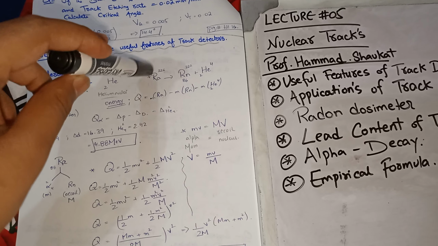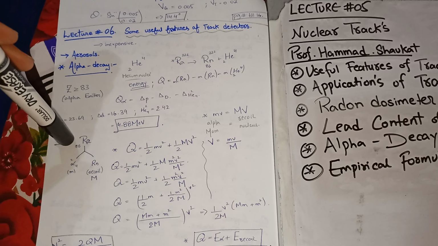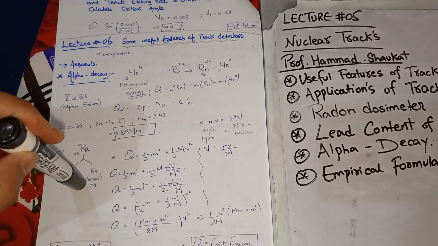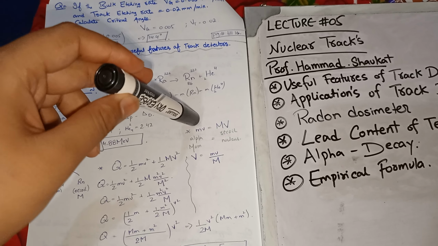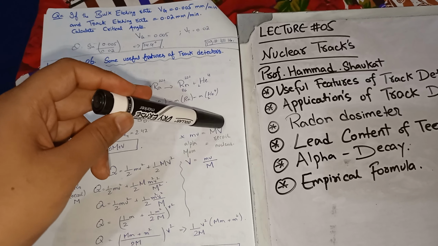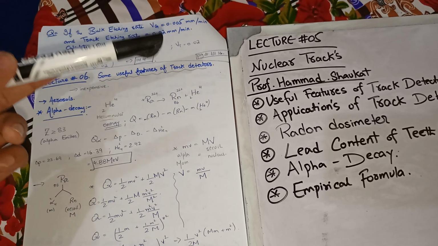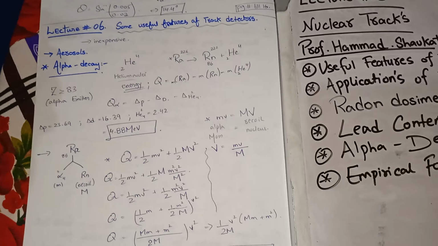Radium decays into radon and helium. You can see radium 88 decays into radon, which is the recoil nucleus, and the alpha particle. The momentum of the alpha particle is small mv, and capital MV for the recoil nucleus, which in this scenario is radon.